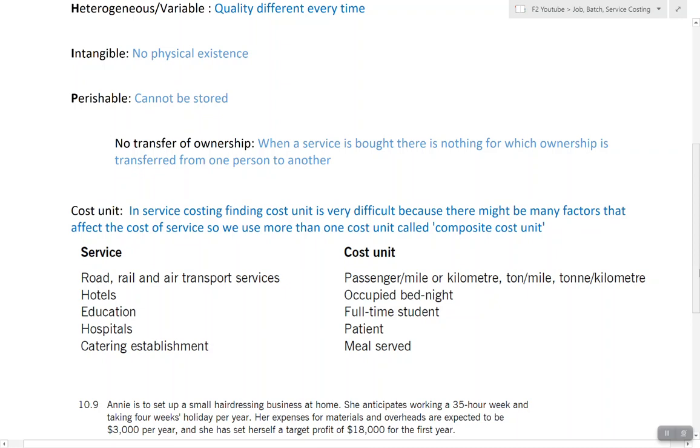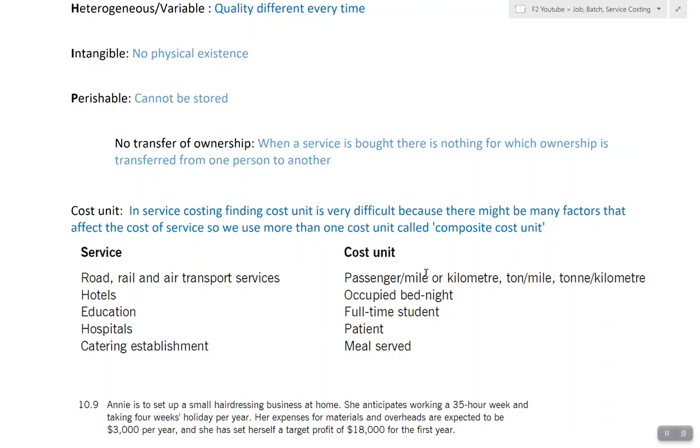So what we do in service costing, instead of using one unit, we use multiple units, a composite cost unit. We have examples here, like the service industry, rail, road, or air transportation service. They could use passenger per mile or per kilometer. So passenger is one thing and mile is another thing, so two things.